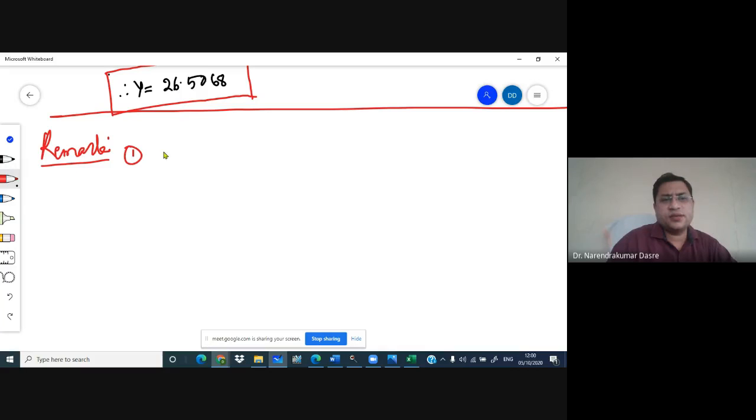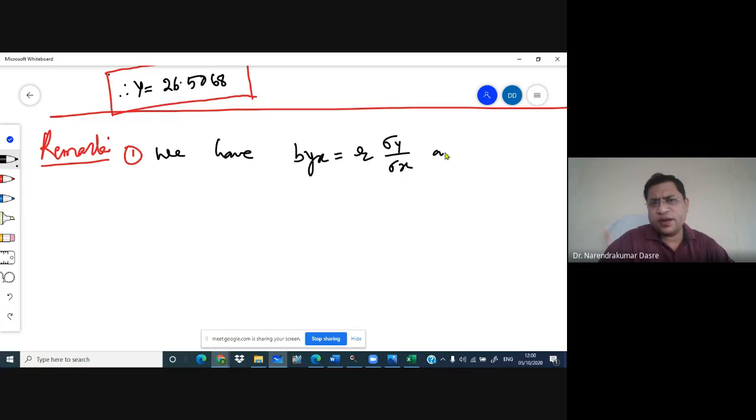So what we know is Byx is equal to R into sigma y upon sigma x, and Bxy is equal to R into sigma x upon sigma y. Okay, so using this we have to consider.